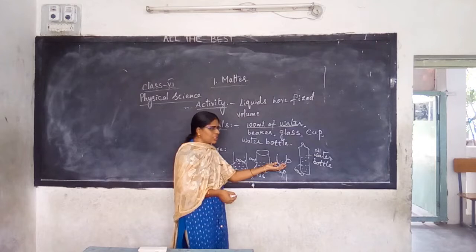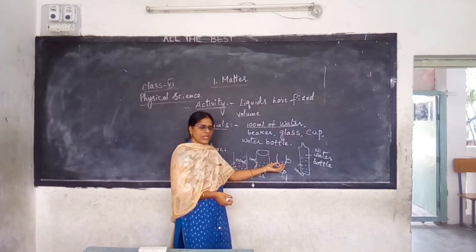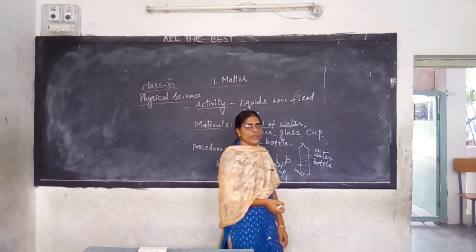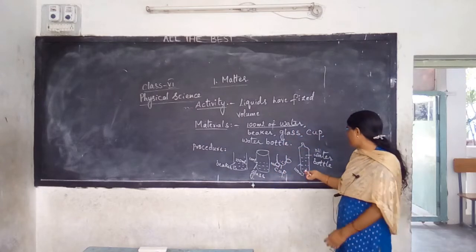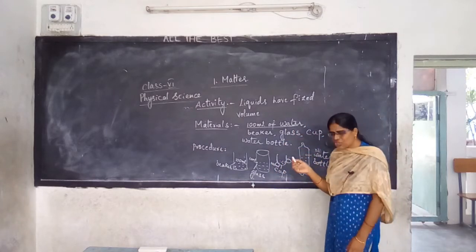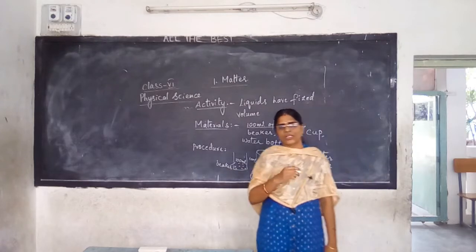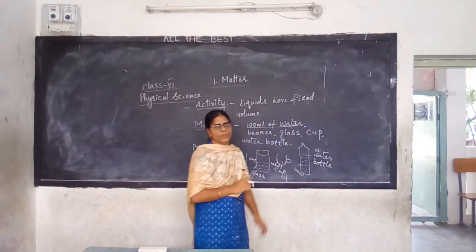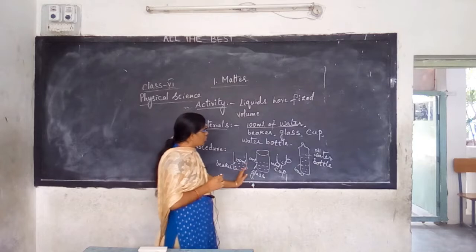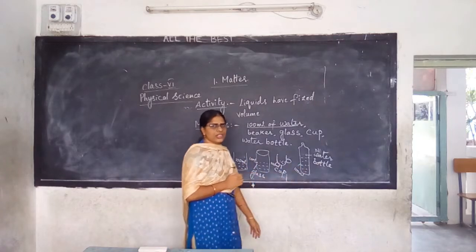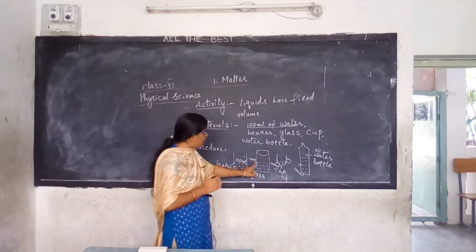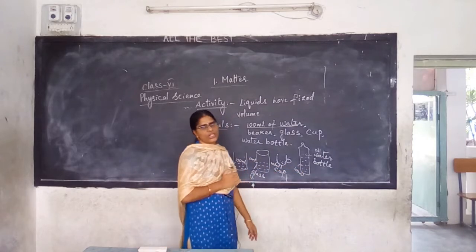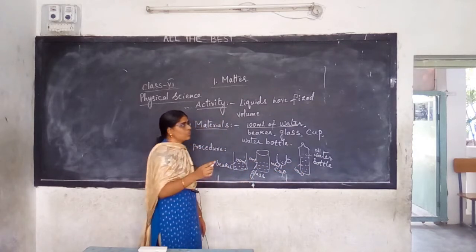When I pour the water in a cup, it will be similar to the shape of the cup. When I pour it in a water bottle, the shape of the water is similar to the water bottle shape. Hence, in all these things, how much quantity of water have we filled? 100 ml of water. Volume.